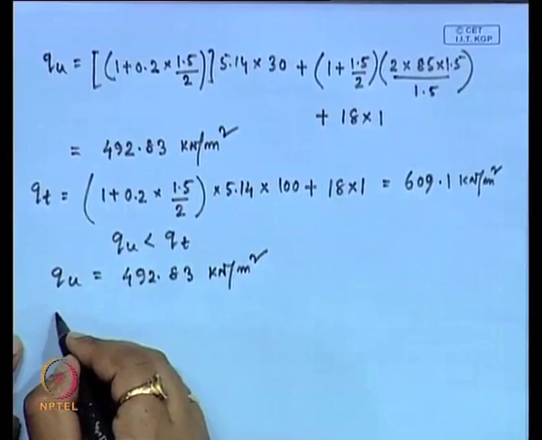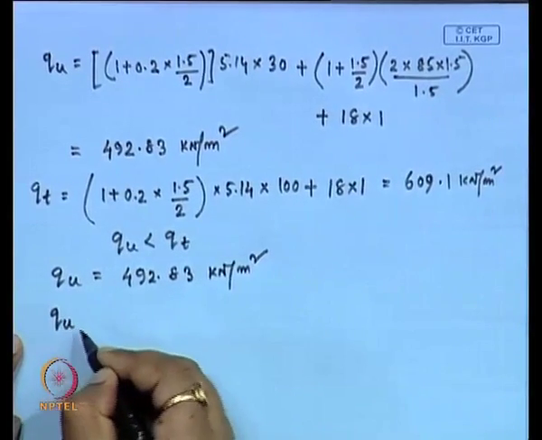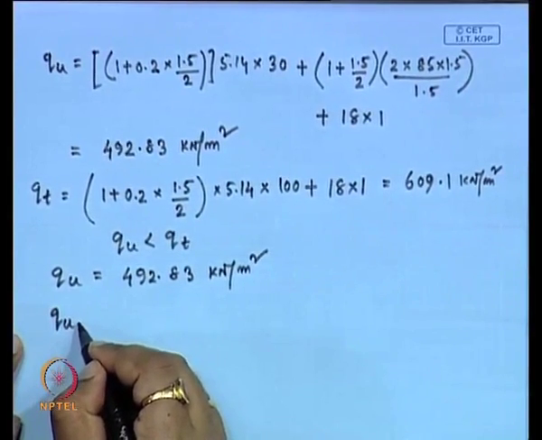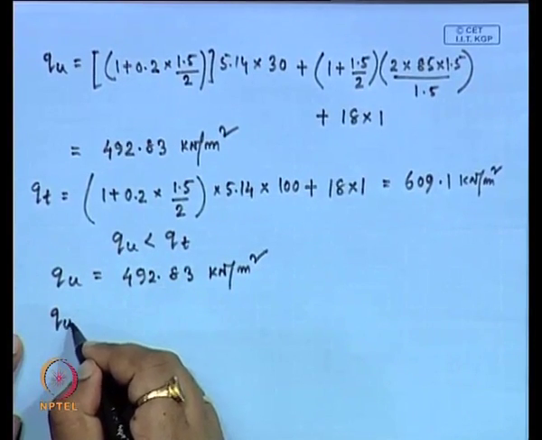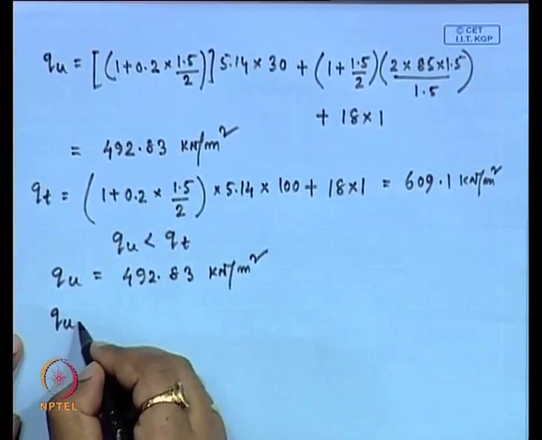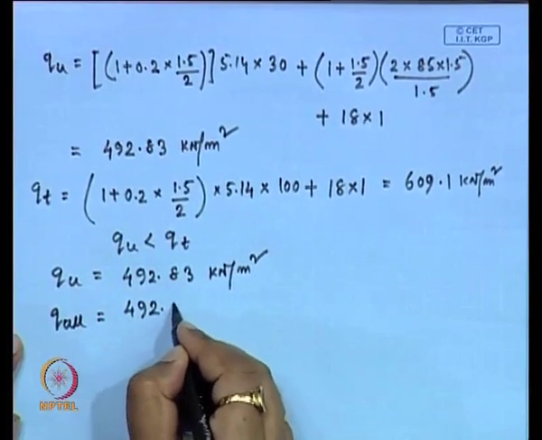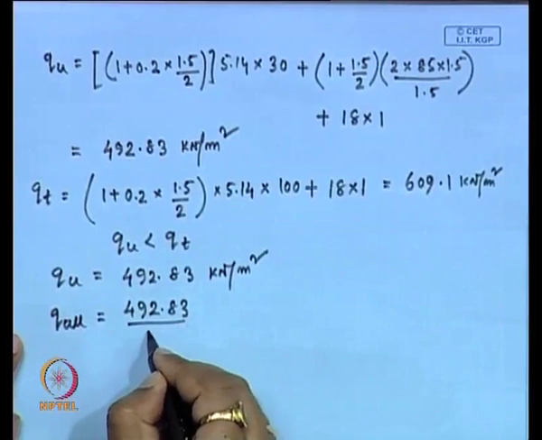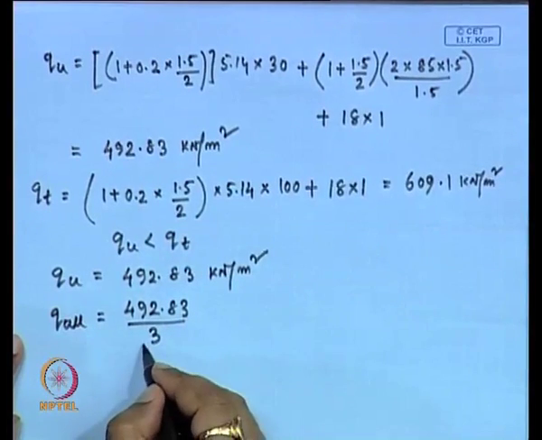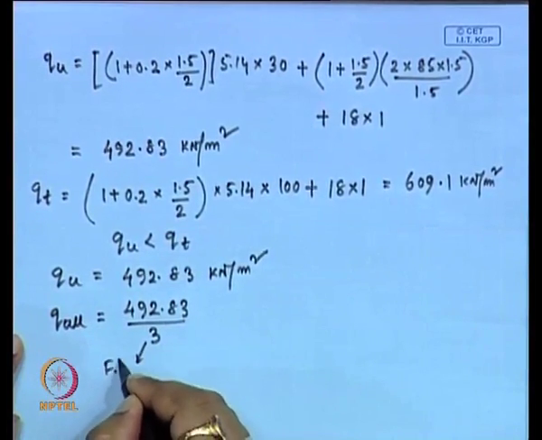Now, if we apply the factor of safety, that is Q safe or Q allowable, to 492.83, we consider the factor of safety 3.